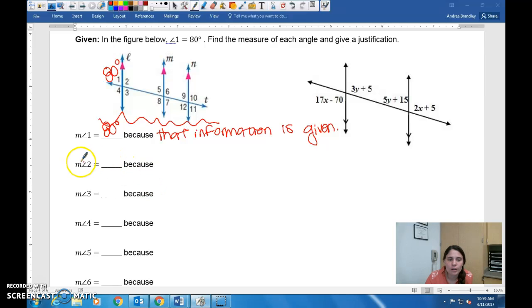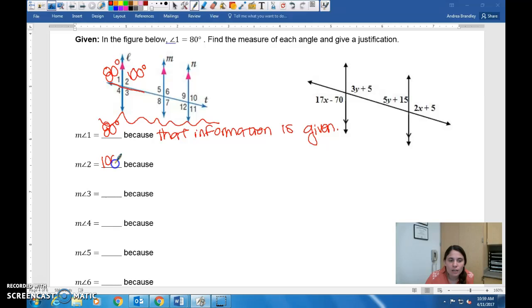So now it wants me to find the measure of angle 2. Well, all I know is angle 1, so I'm looking at how angle 1 and 2 relate, and I can see that they're on a straight line, which means that these two angles have to be supplementary. So if I do 180 minus 80, this would be 100 degrees.